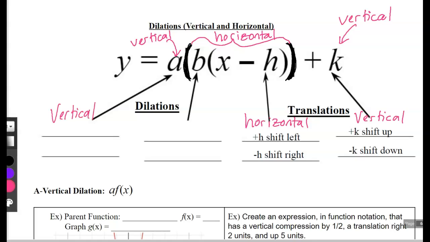Now, does anyone know, I know this is reaching all the way back to Algebra 1, but does anyone remember a vertical dilation has two things that it can do? What are the vocabulary words for those two things? One starts with an S and one starts with a C. Yes, Mateo? Yes! How'd you get that?